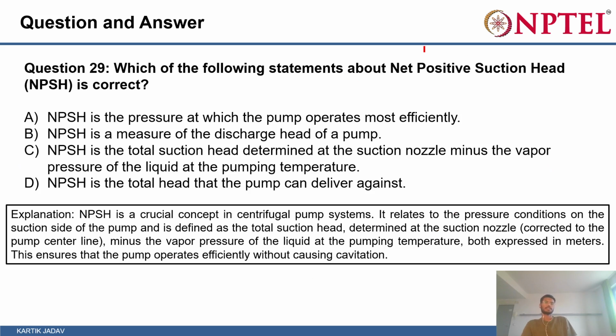Which of the following statements about net positive suction head is correct? Net positive suction head is a crucial concept in centrifugal pump systems and it relates to the pressure condition on the suction side of a pump.